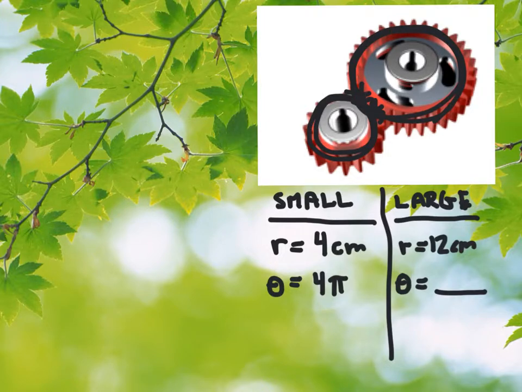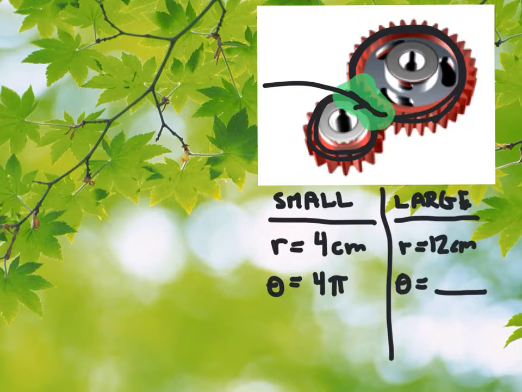Now there is some proportionality that might work here, but I want to go with a different train of thought. The part that is in common between the two gears, let me highlight this in a color here, is the arc that is touched by both of them.